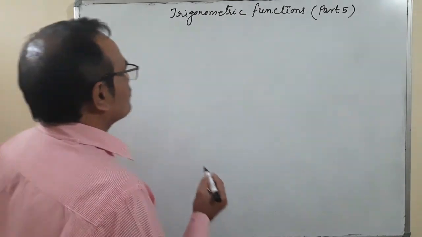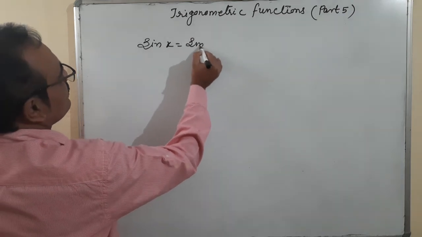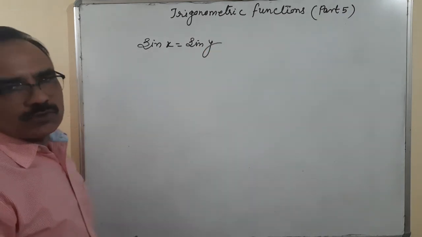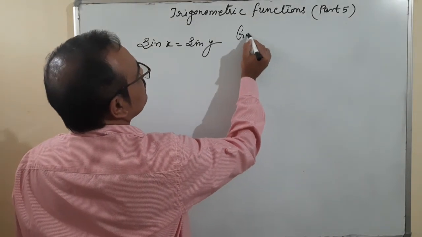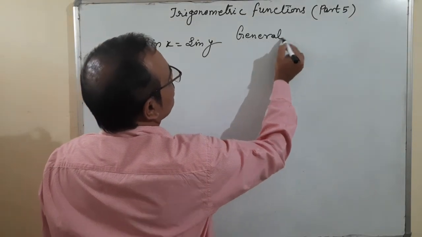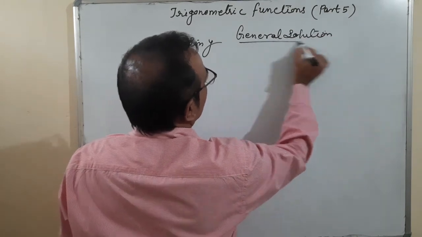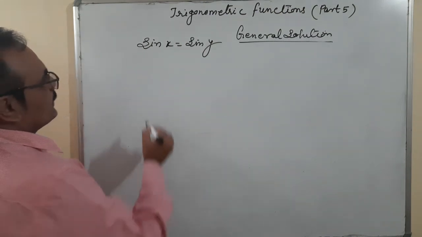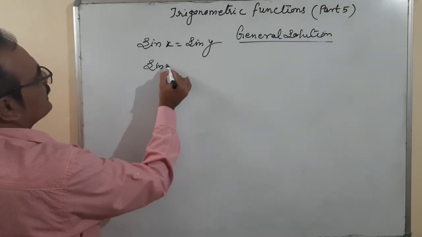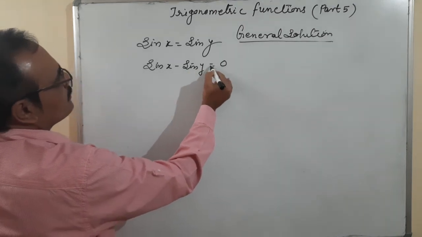Here we are discussing sin x is equal to sin y. We are finding the general solution of it. For the general solution, sin x is equal to sin y, so I shift it: sin x minus sin y is equal to 0.